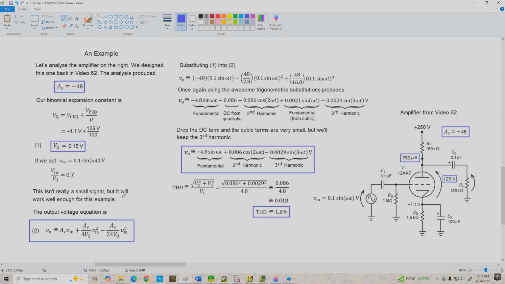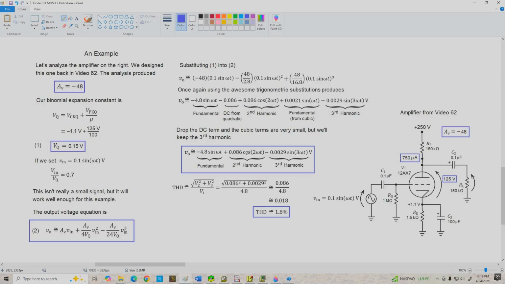So if we substitute everything in and go through all of our trigonometric substitutions, we end up with V out equals this big mess with some DC terms we're going to ignore. Come down here. We finally get V out equals negative 4.8 sine omega t. That's our fundamental.